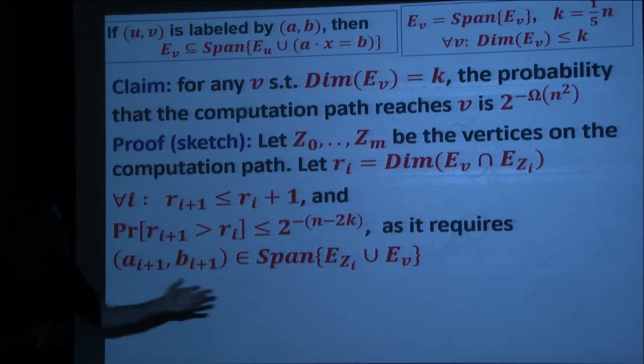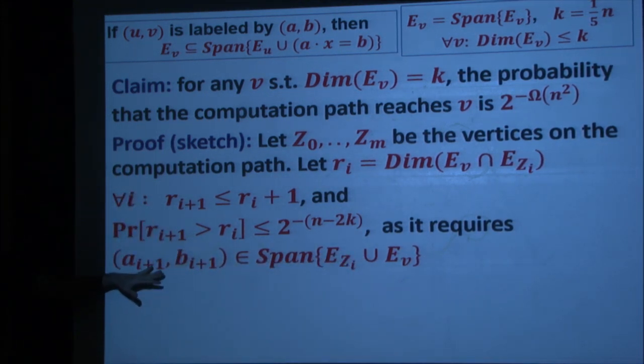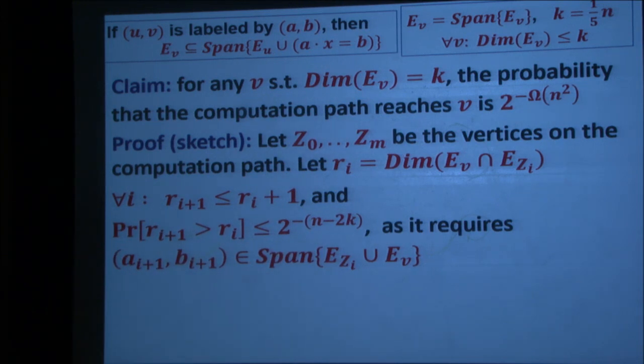It must be in the span of EZi union EV in order to increase Ri by 1. If it's not related to them in any way, it cannot increase. So it takes maybe a minute to see that, but this is what happens, and this happens with exponentially small probability as written here.